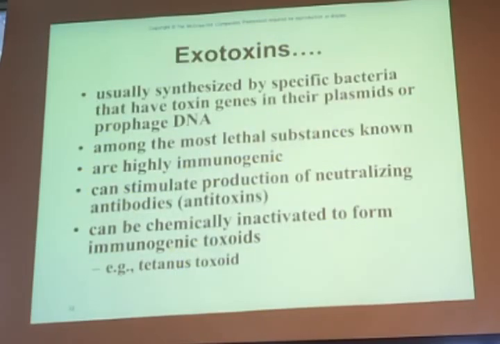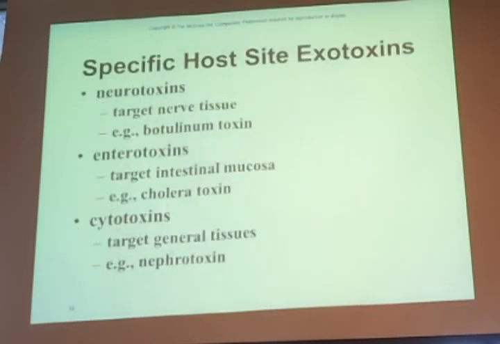So if you look at, let's see, where is it? Here, specific host site: exotoxins, neurotoxins, enterotoxins, cytotoxins. So exotoxins are usually very, very specific in their action, and site specific.